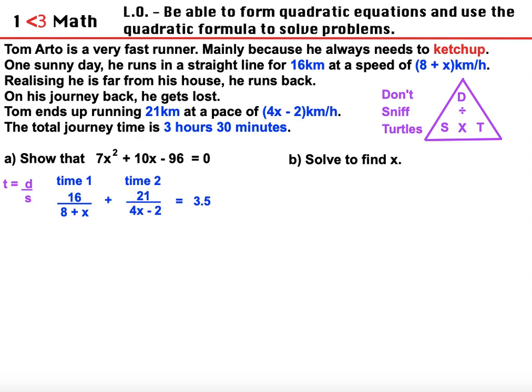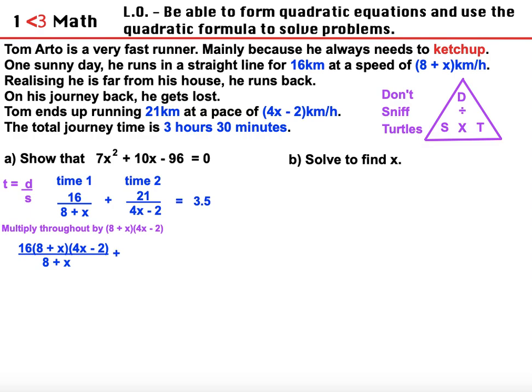So now, whenever we have denominators, we need to multiply out by the denominators. So we're going to multiply throughout by both 8 plus x and 4x minus 2 so that we lose the denominators. So the first term, 16 over 8 plus x, is going to become 16, 8 plus x, 4x minus 2 over 8 plus x.